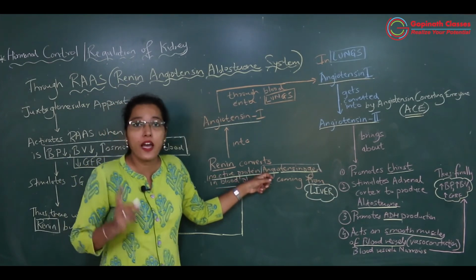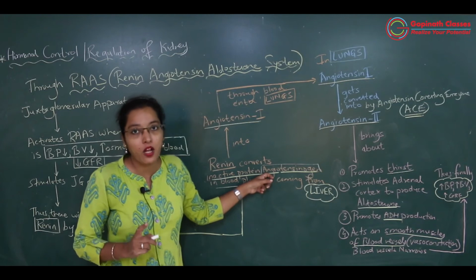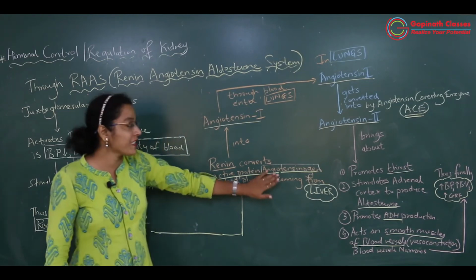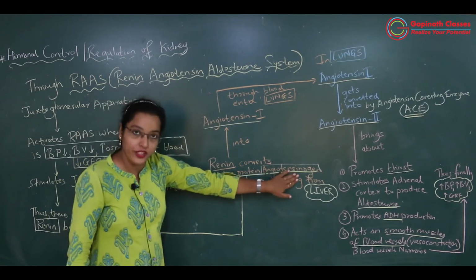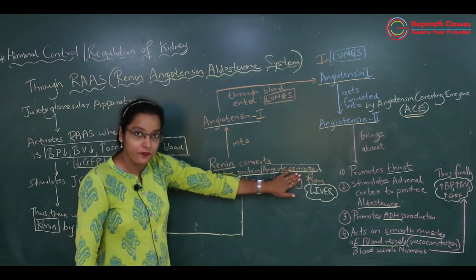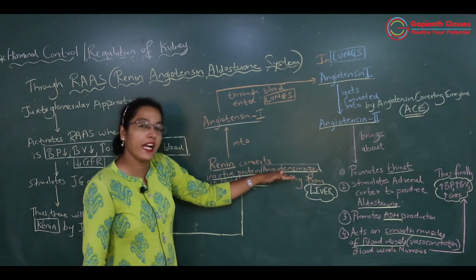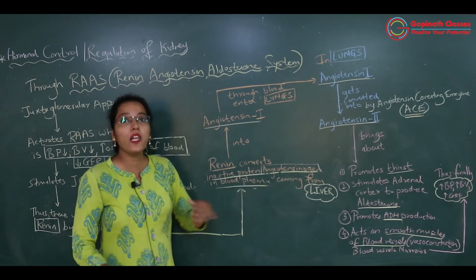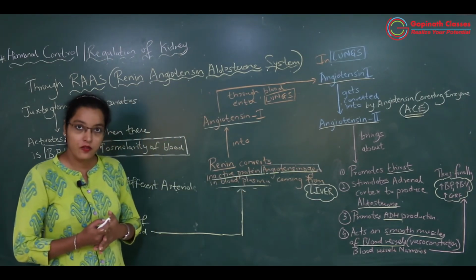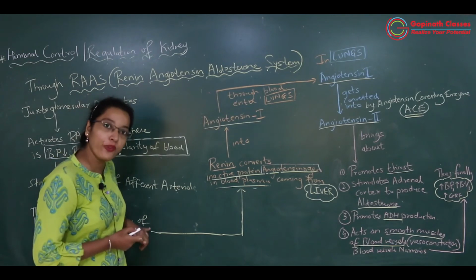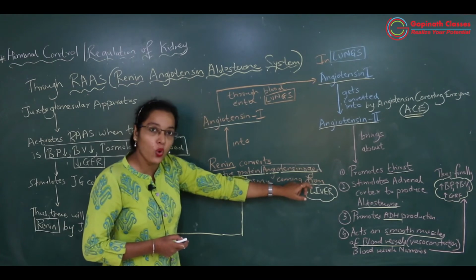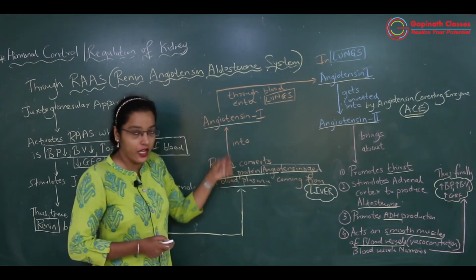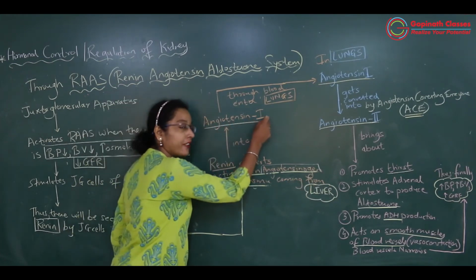It is the inactive form of plasma protein. And this inactive angiotensinogen which is present in the blood will get activated due to the action of renin. So what does renin do? It converts inactive angiotensinogen into an active form. And what is that? Angiotensin 1.